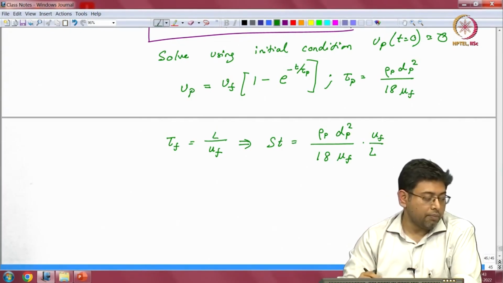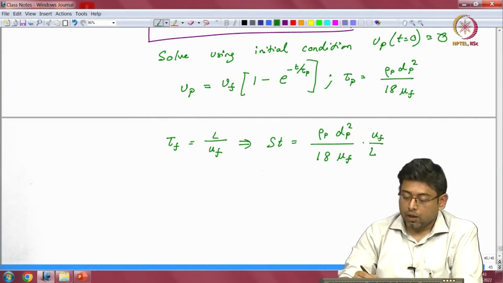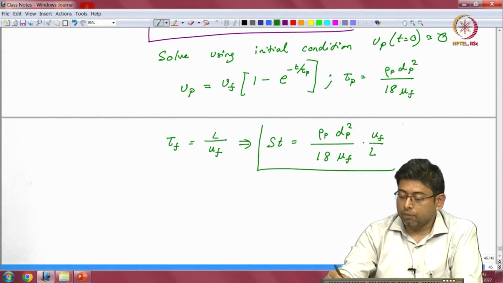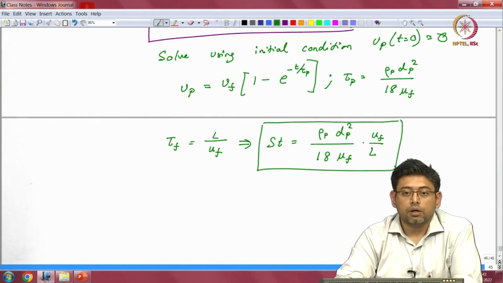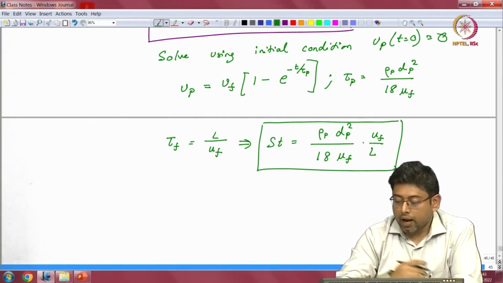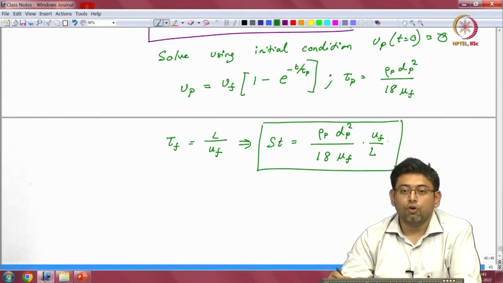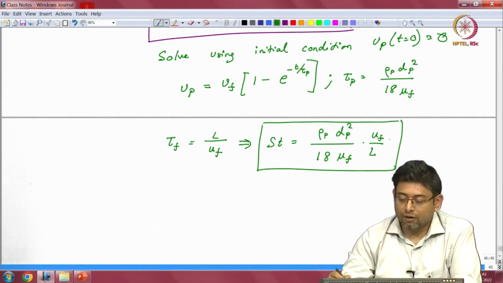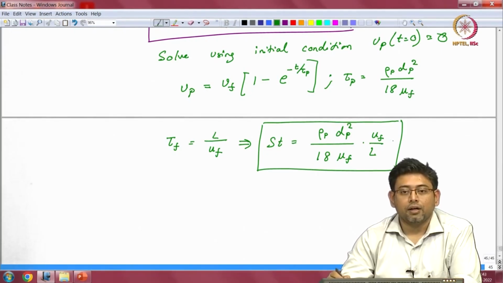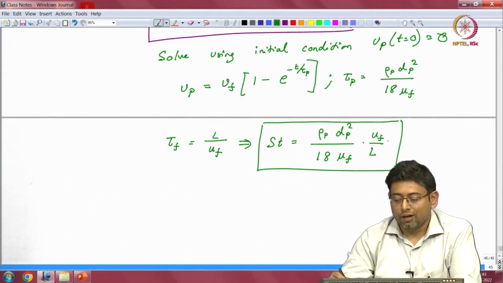This is a very important number, and before you start using a tracer particle, you have to calculate this number for the tracer particle, and you will need information about the flow. So you can see that in the Stokes number, the approximate idea of the flow is already built in. That brings us to the question of how you know the velocity scale beforehand.